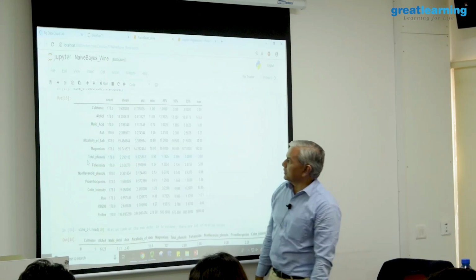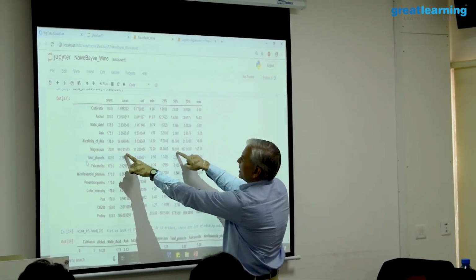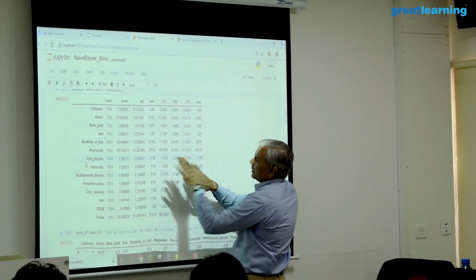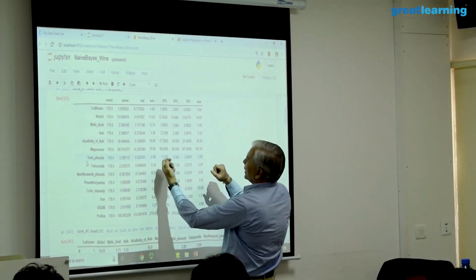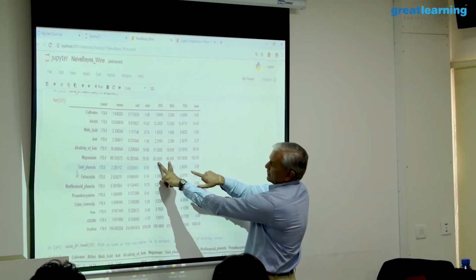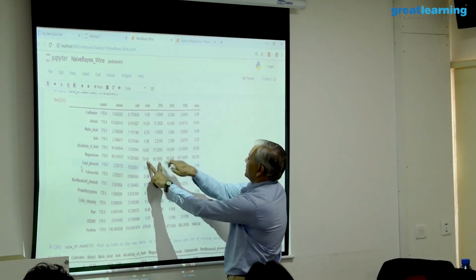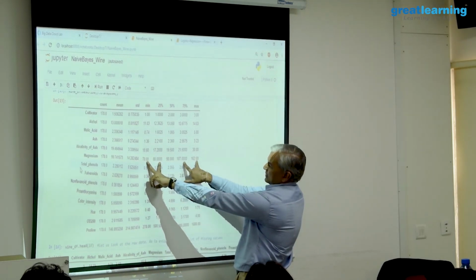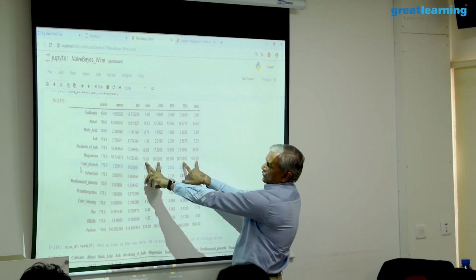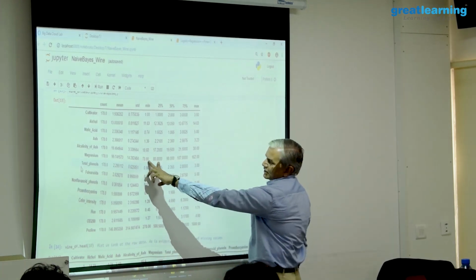Only one dimension you will see, which is magnesium. Mean is 99, median is 98, a difference of only 1 unit. Central values, no problem. Look at the tails: this is 18 units versus 54, 55 units. This tail is very long compared to the left hand side tail.